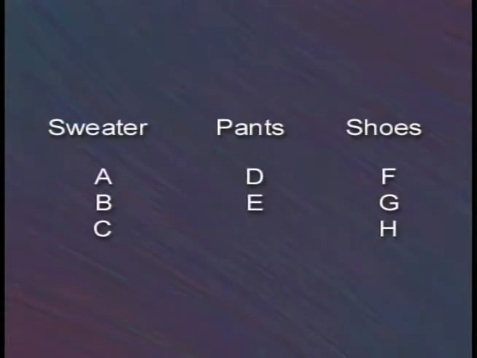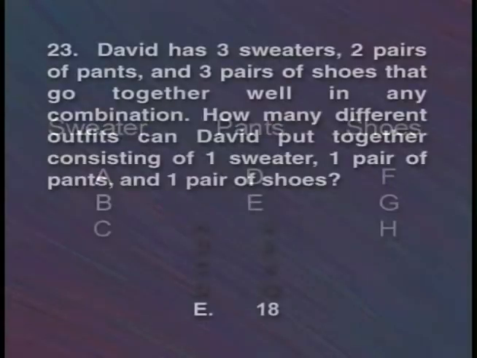Thus, sweater A with pants E also has 3 possibilities. That's a total of 6 different outfits with sweater A. In the same way, you could calculate 6 outfits with sweater B and 6 with sweater C. That's why the multiplication of possibilities works in this problem to produce the correct answer of E.